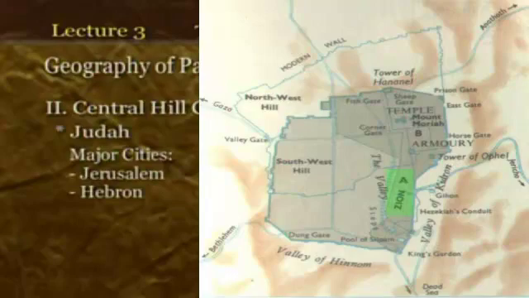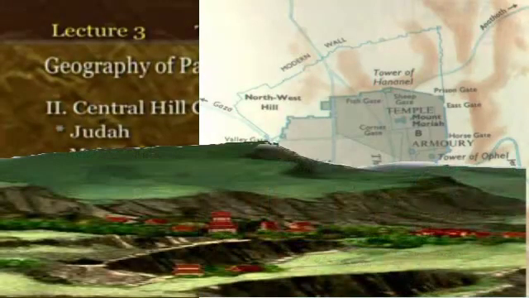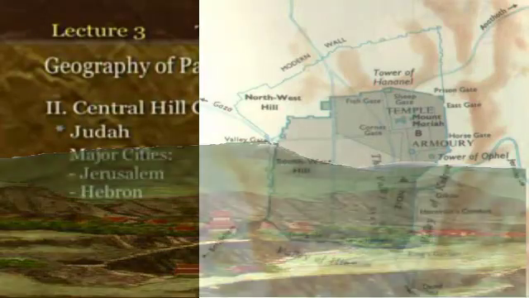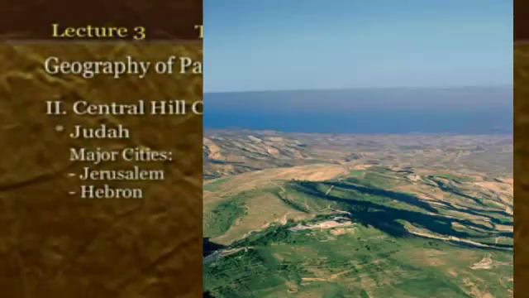Another note about this region: it's hilly, it's not very accessible. If any of you have visited Jerusalem, if you're like me, you'll be amazed at how up and down the city is and how up and down the whole region is. These mountains are not high in terms of being 2,500 feet or 3,000 or whatever.